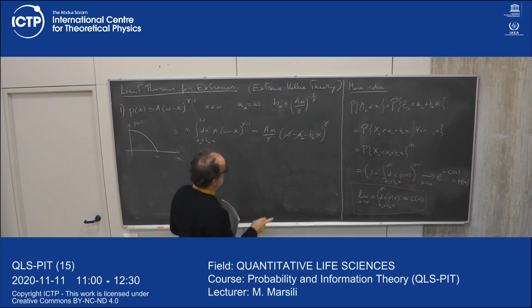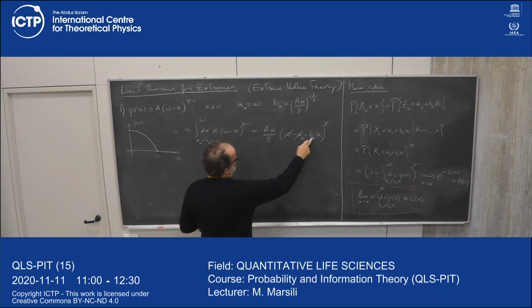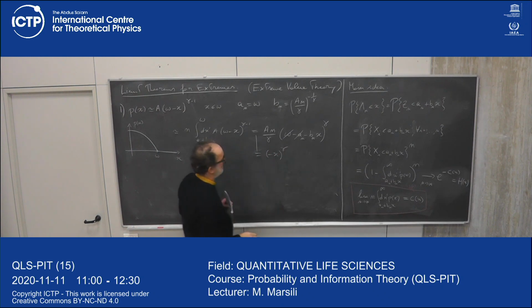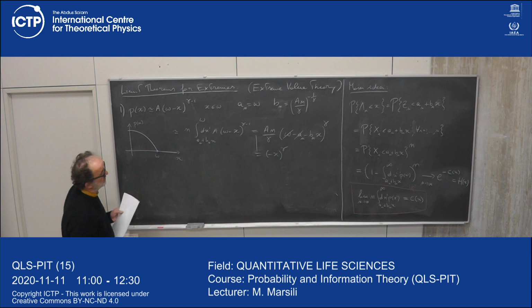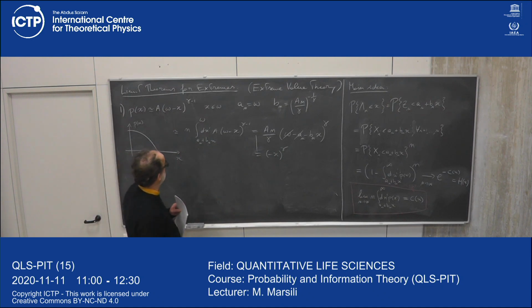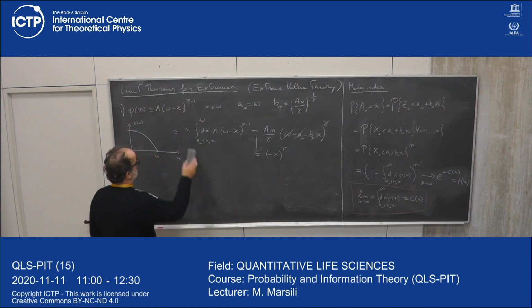Okay? Because then this term bn to the gamma just is the inverse of this. And you get that essentially this is just minus x to the gamma. Okay, so then this is our function c of x.